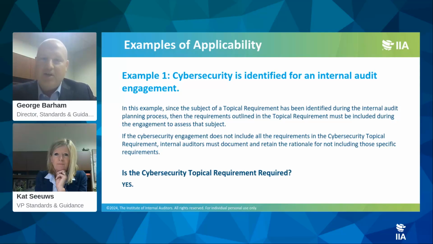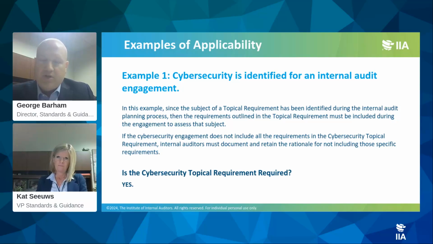So the first example of determining if a topical requirement on cybersecurity is applicable. This is pretty straightforward. Cybersecurity has been identified during your internal audit planning. So if you tie this back to the global internal audit standards, 9.4 is internal audit plan. We talk a lot about risk in that particular standard.